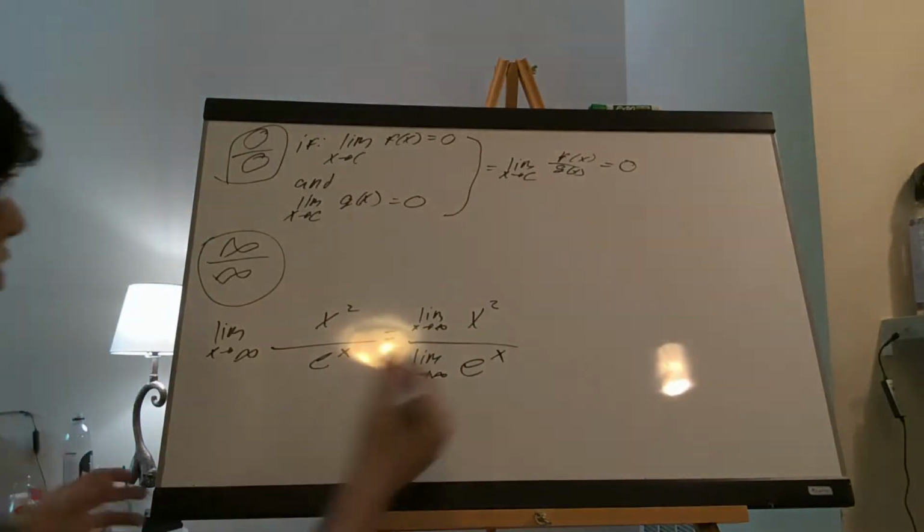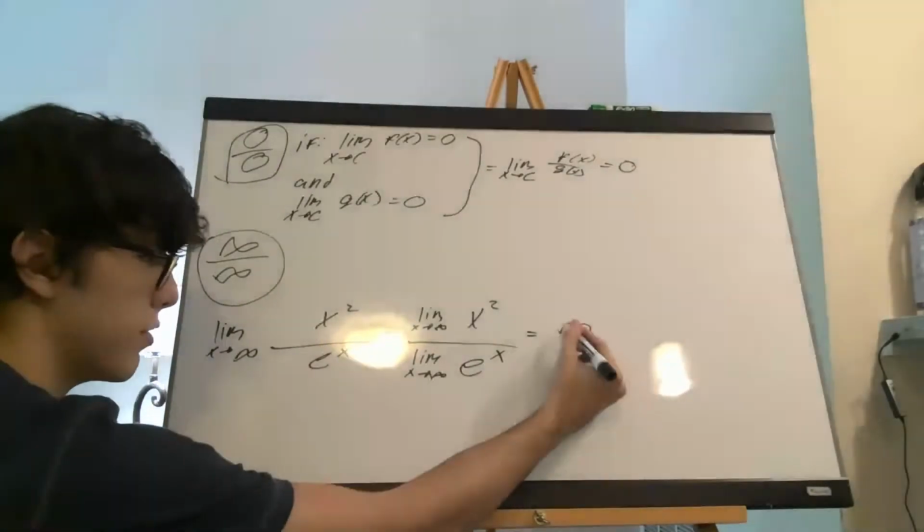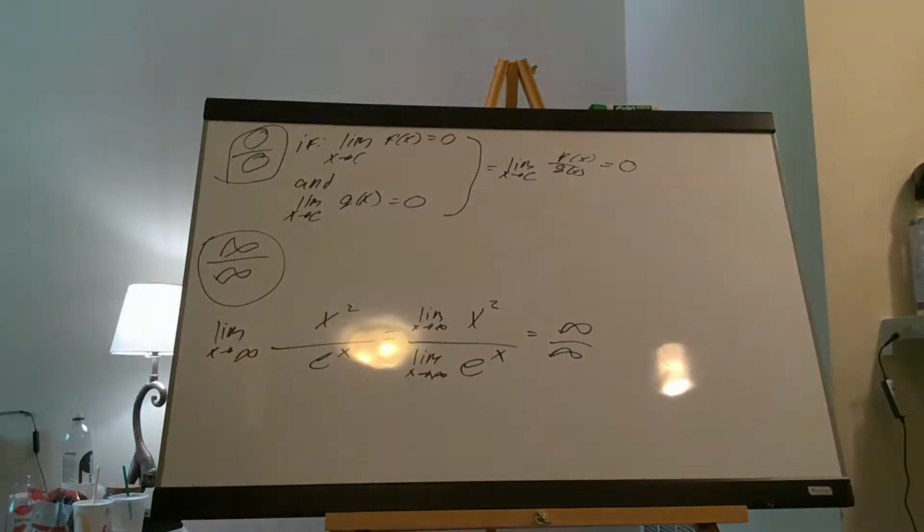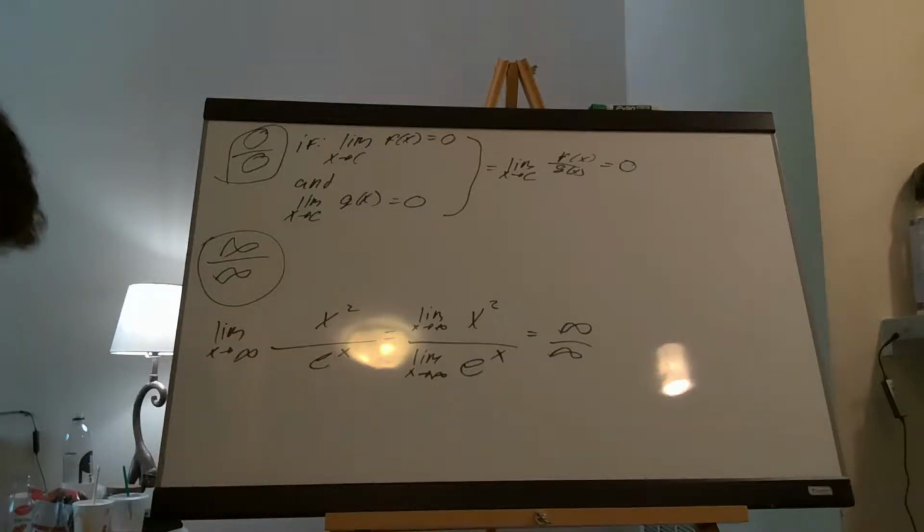So this is obviously going to give us infinity over infinity. But don't worry, I like rules here. Okay, so infinity over infinity, that's an ugly looking thing. I'm not a fan. We don't like that in calculus.